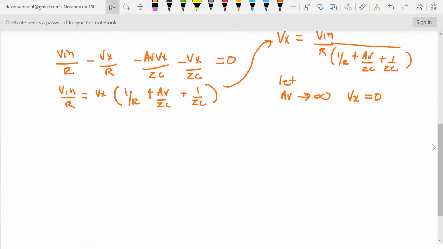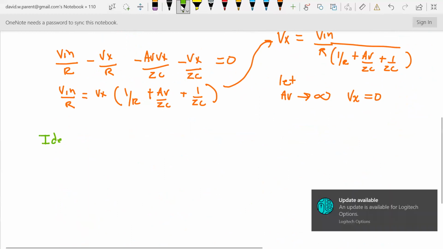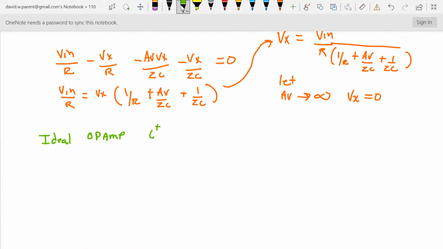And that was a review on the homework, right? I could just say ideal op amp, right? I plus equals I minus equals 0. That's one condition of an ideal op amp.